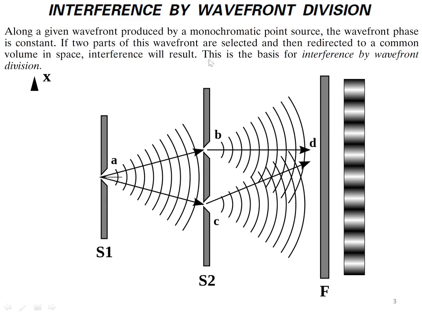This way of obtaining interference comes under interference by wavefront division. Why is it so? Because we are dividing the wavefront into two sources, and then those two sources act as the sources for causing the interference pattern.